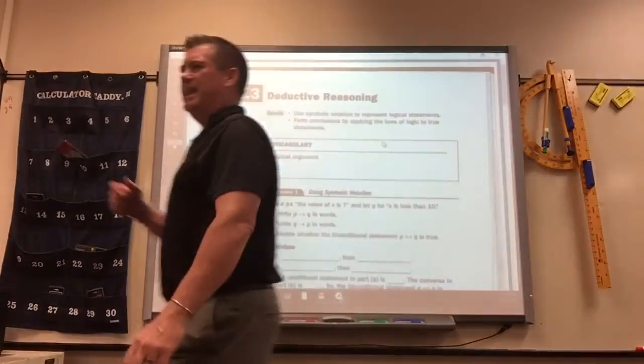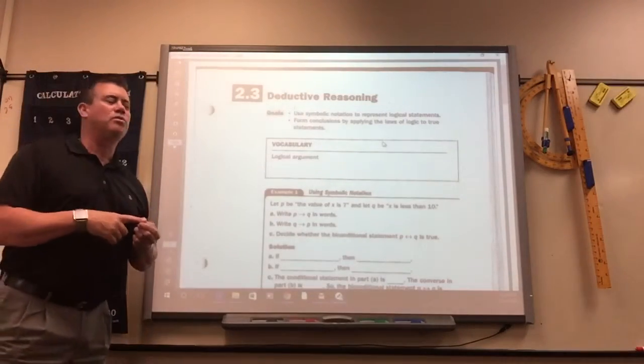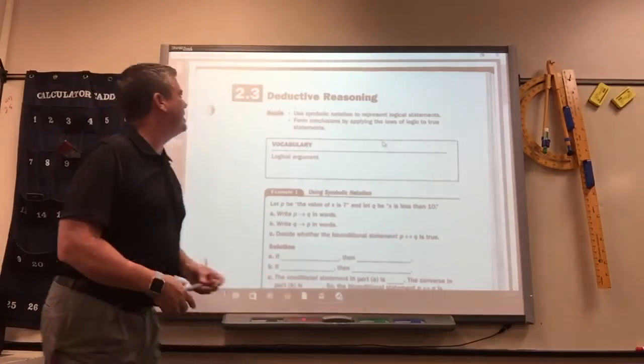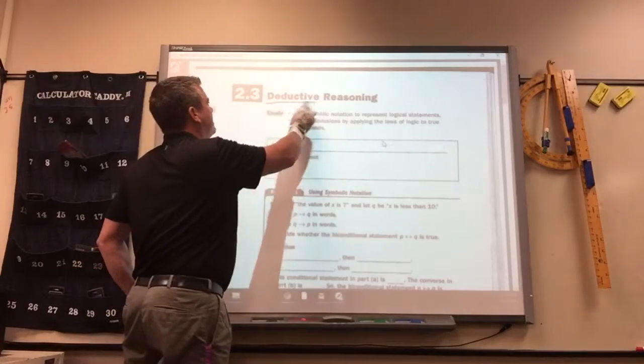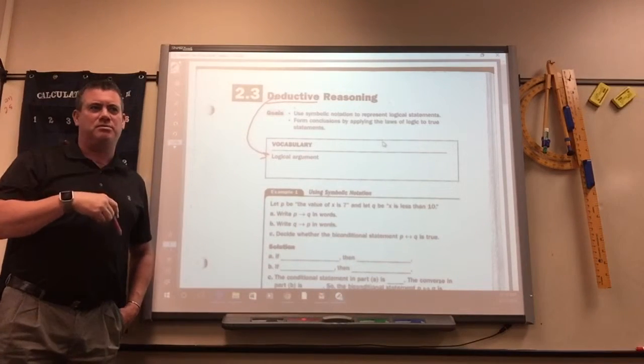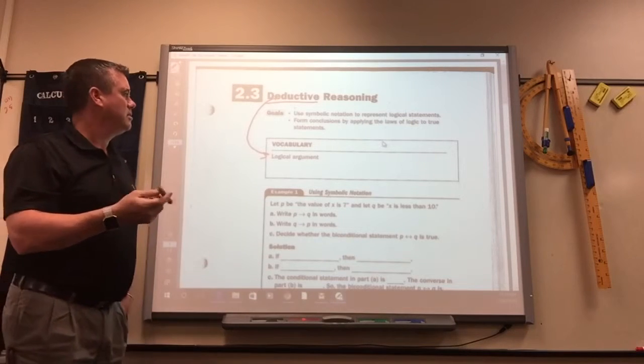Together. There's not a lot out of each one that we have to know. So we're just going to touch on the things we do have to know. Deductive reasoning. All deductive reasoning is you're just using logic to figure something out, something that's logical.